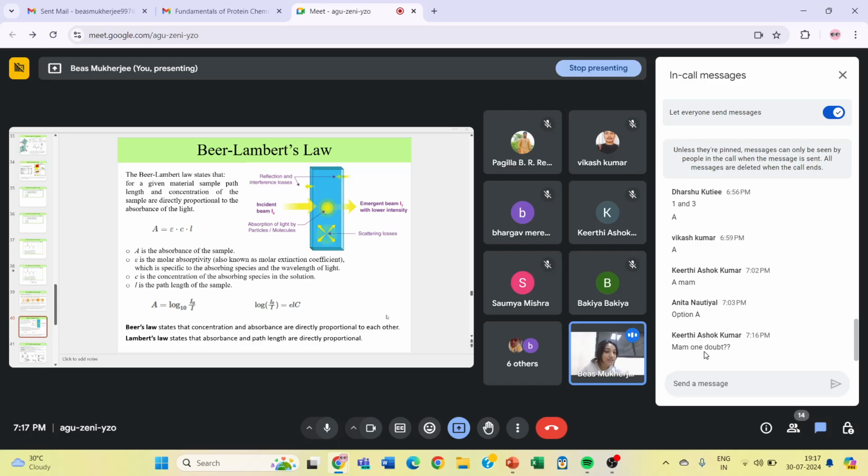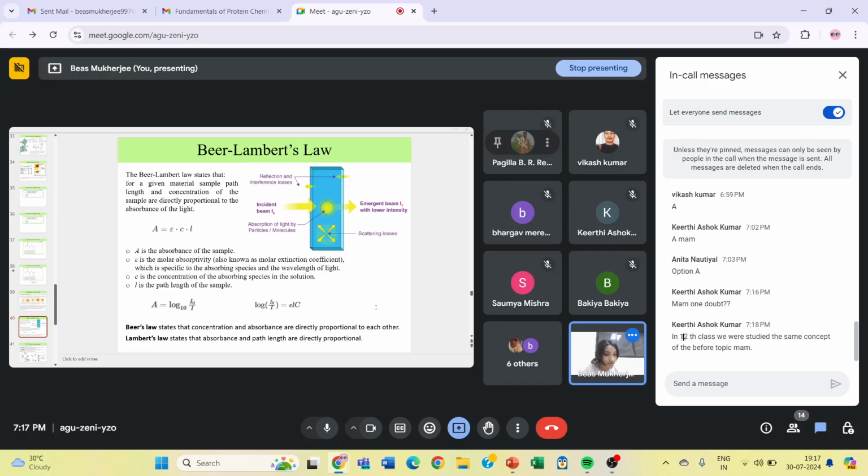Kirti Ashok Kumar, you can actually ask your doubt or you can write. In class 12th, we studied the same concept before. Yeah, of course. A lot of this you will have studied because this is just the beginning of the course. As we advance, you will study different things.